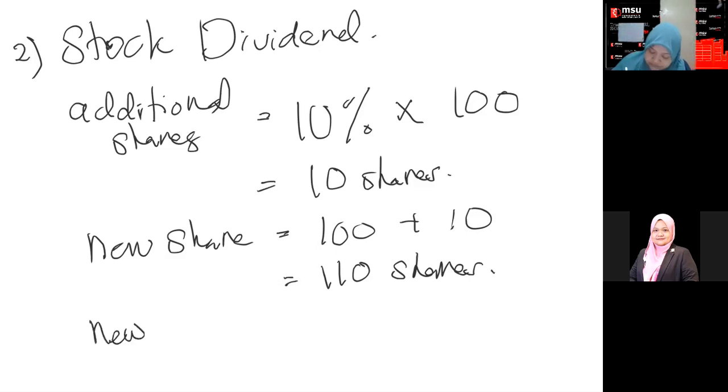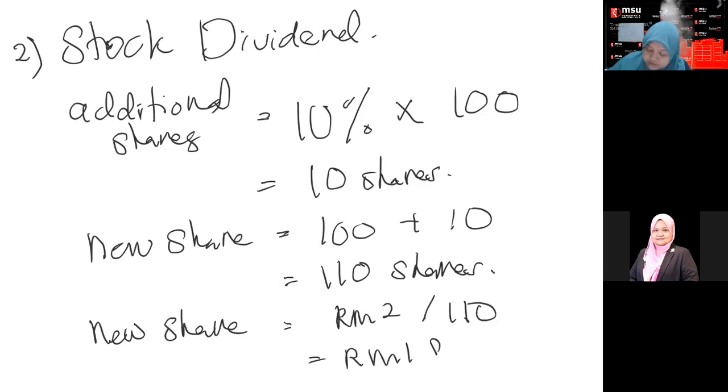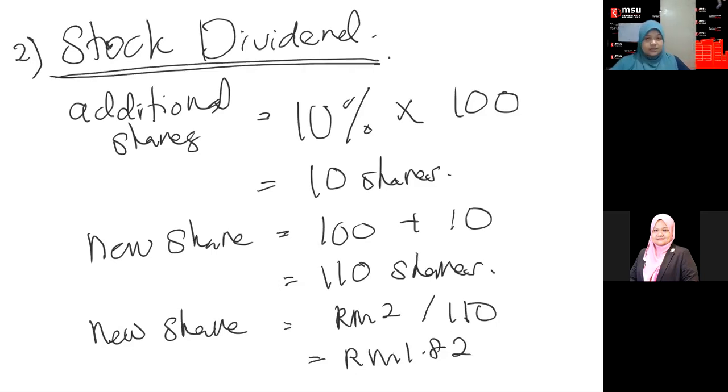Before the stock dividend the price is 2 ringgit, but after it the new price is 1 ringgit 82 sen. You're not required to calculate all this in the exam, but you need to understand what cash dividend is and what stock dividend is, only that.